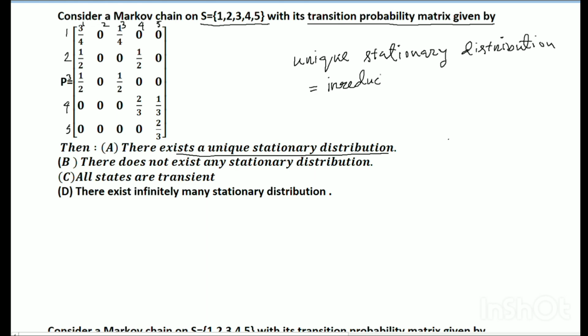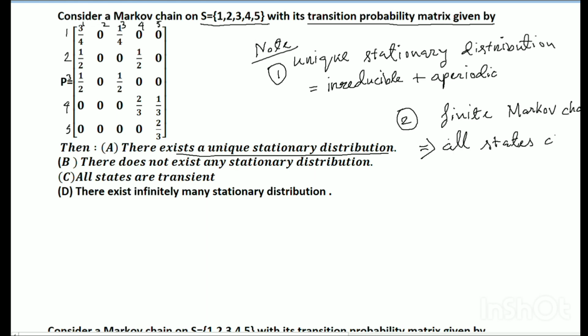You see there is a 0 in my diagonal entries, so there is no possibility it is aperiodic. I have already told you about irreducible plus aperiodic in my videos. So my option A is not correct.